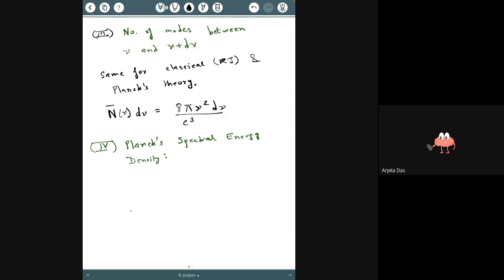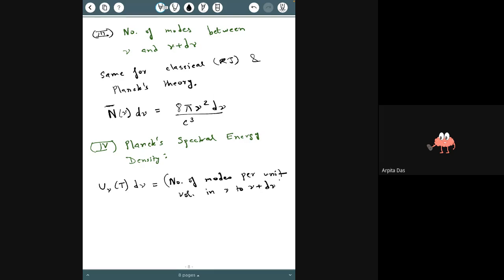So the spectral energy density U nu T at a temperature T for frequencies in the range nu to nu plus d nu is equal to number of modes per unit volume. So I've divided by a cube. Okay, that's why I've put the bar, per unit volume in nu to nu plus d nu.